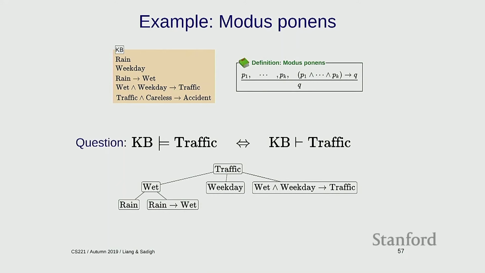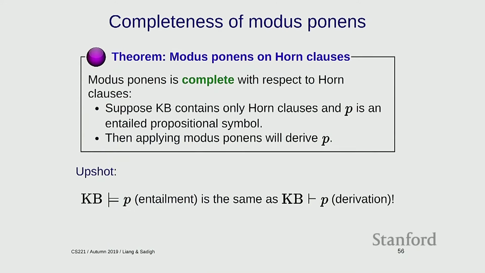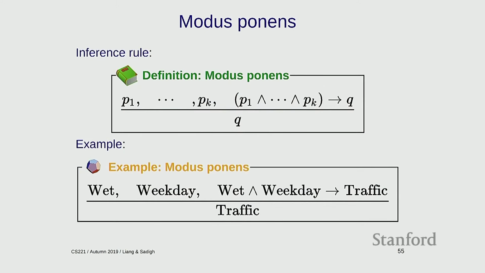Let me try to give you some intuition for why modus ponens and Horn clauses. The way you can think about modus ponens is that it only works with positive information in some sense. There's no branching, no either-or. Every time you see this, you just definitively declare Q to be true. In your knowledge base, you build up all these propositional symbols that you know are true.